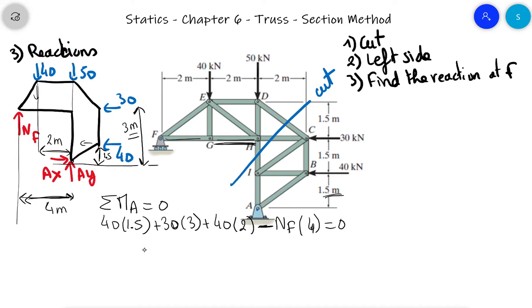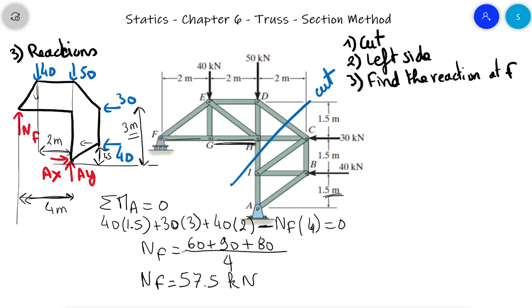So NF is equal to 60 plus 90 plus 80, divided by 4, which is 57.5 kilonewton.